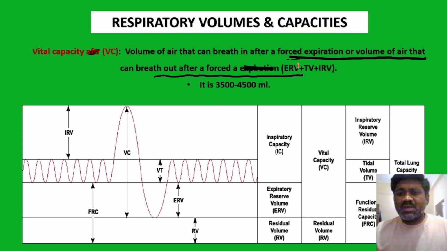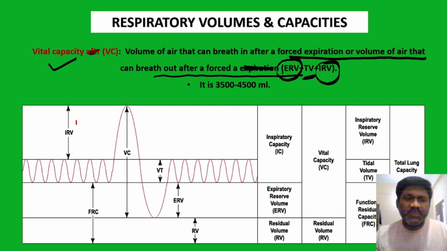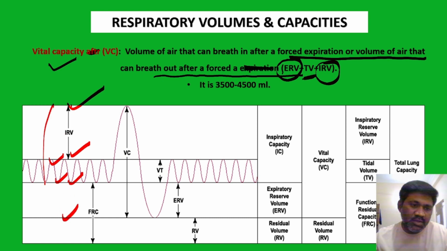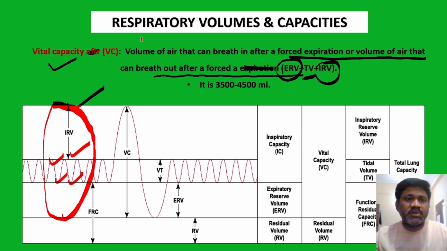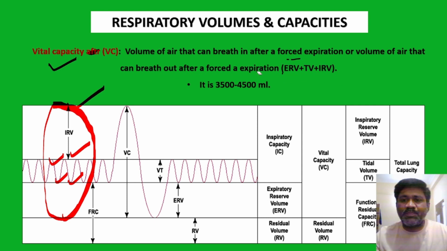ERV, forceful expiration, plus TV, plus forceful inspiration, IRV, together called what? Vital capacity. From here to here, this area is nothing but vital capacity: ERV plus TV plus IRV. How much is this? 3500 to 4500 ml.